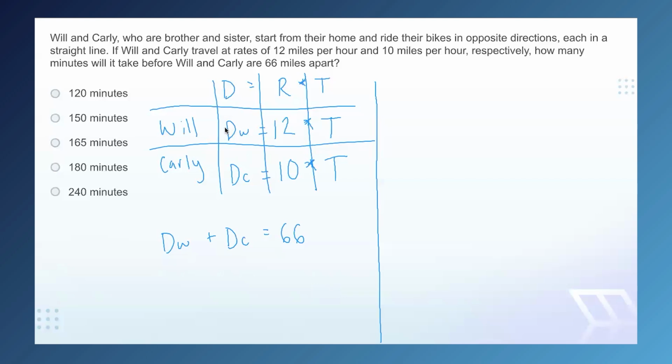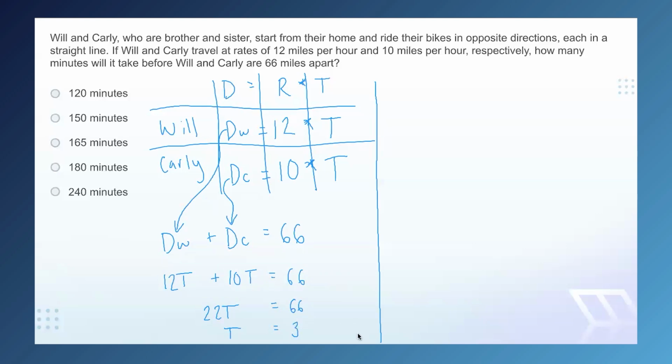Plugging our first 2 equations into our third equation, we get 12t plus 10t equals 66. Adding, we get 22t equals 66. Dividing both sides by 22, we get t equals 3.